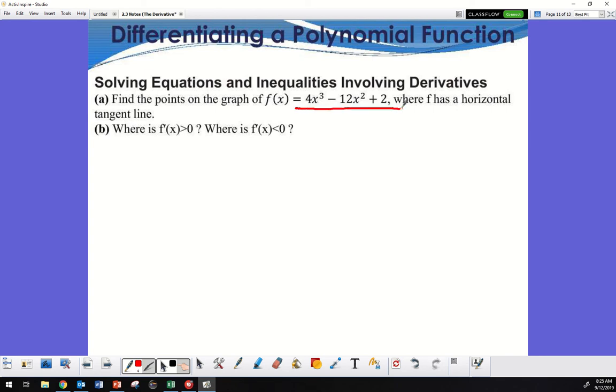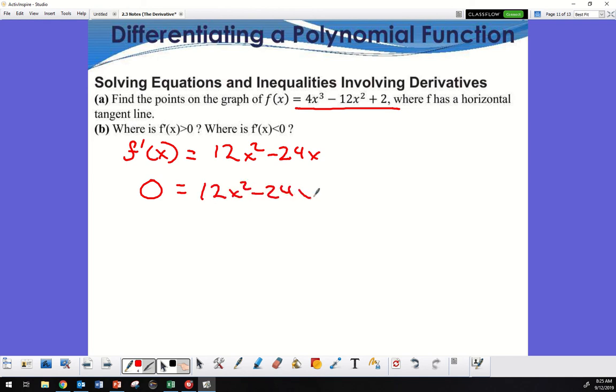So let's do the derivative. f prime of x is going to be 12x squared minus 24x. I want to know where this slope is going to be 0, so set it equal to 0: 0 equals 12x squared minus 24x. This is the point where everyone just says F that, right? We need to factor this.